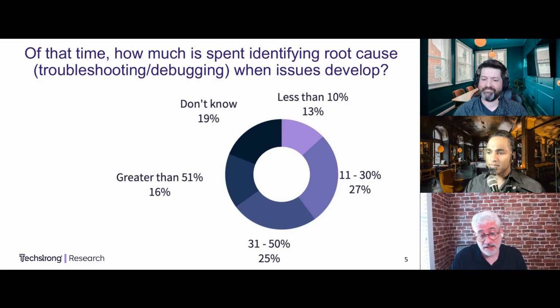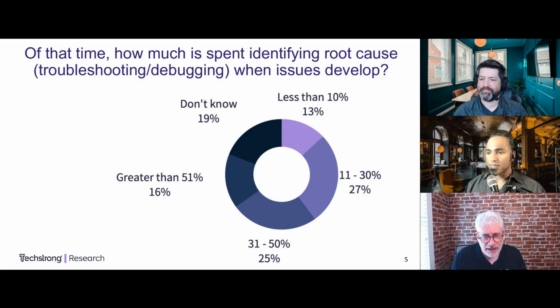So, back of the envelope, over 40% are spending somewhere between a third and half of their troubleshooting time just trying to figure out what the hell happened. Obviously that's part of the hypothesis for why you guys are doing CtrlStack, but it would be really helpful to get a sense of how I can start to streamline this.